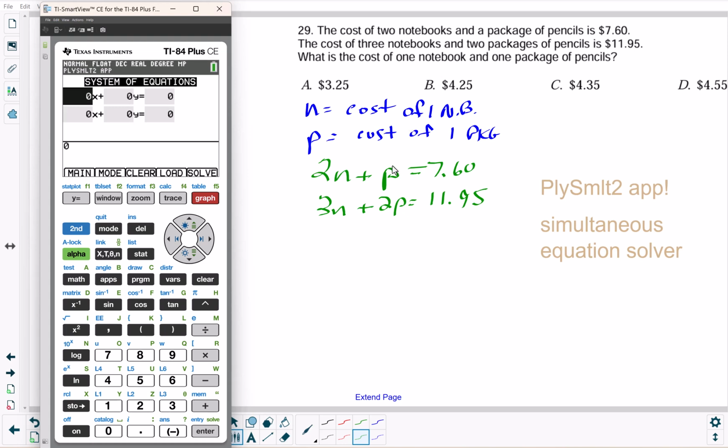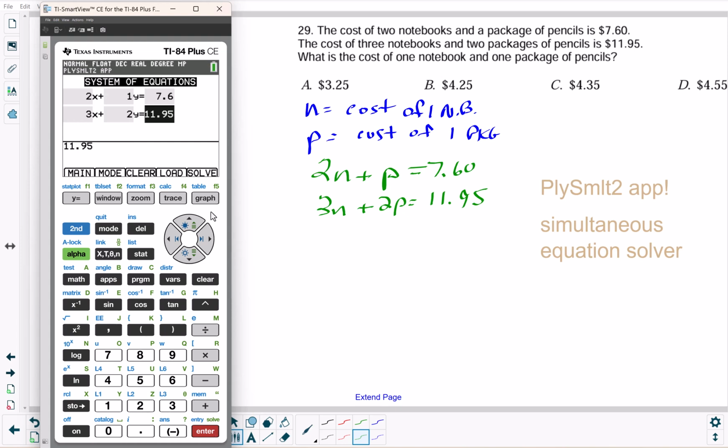And I'm going to use X and Y instead of N and P. So I'll type in a 2, enter, plus, enter, 1Y, enter, and that's 7.60, enter. And then 3 for the coefficient of x, again a plus sign, 2 for the coefficient of y, and $11.95, enter.